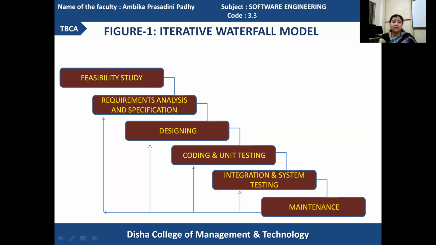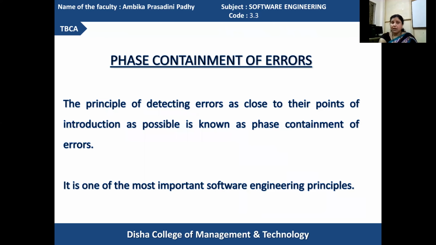If any changes are to be made at a different part, like your designing or coding or anywhere, then you can use the concept of the iterative waterfall model. The iterative waterfall model solves the problem of the classical waterfall model, or it benefits the user due to the phase containment of errors.